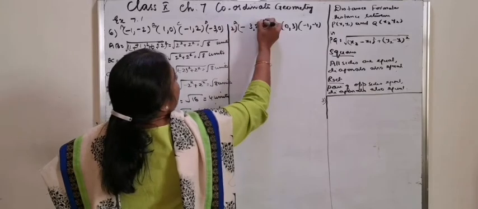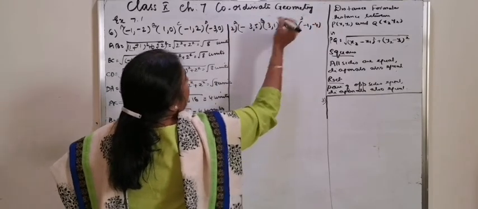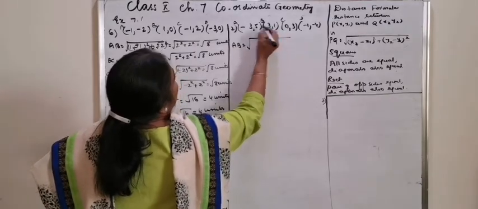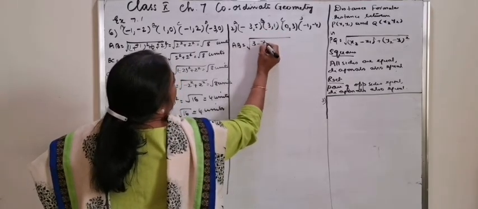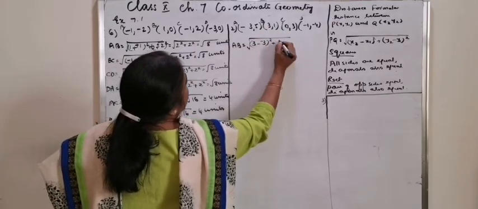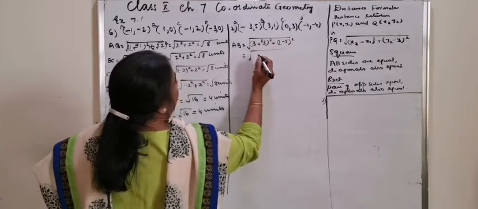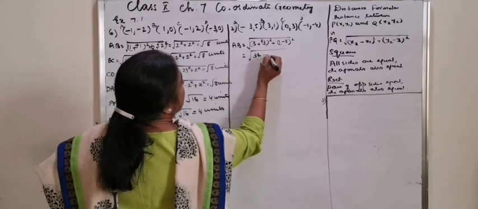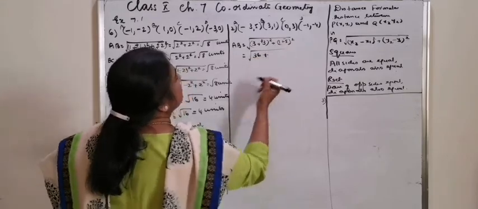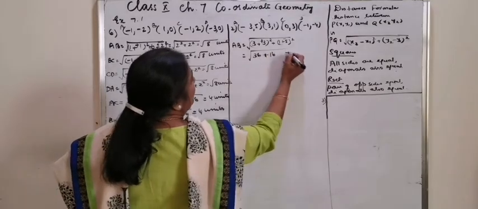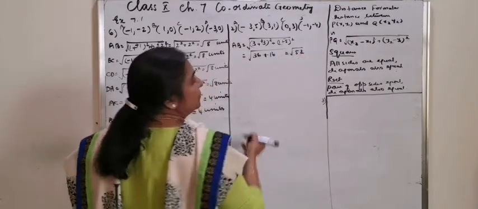Second one. AB is equal to the square root of (3 minus -3) the whole square plus (1 minus 5) the whole square, 36 plus 16, which is root 52.